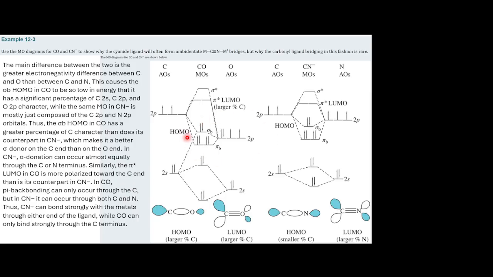Now remember, these are going to be larger oxygen characters for these higher energy ones. In the case of nitrogen, these are going to be much more even, and so we're going to have more nitrogen character in these. Is that making sense?